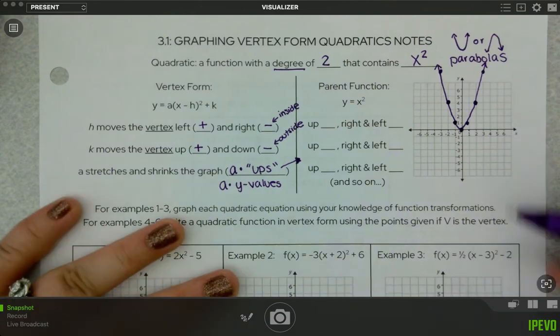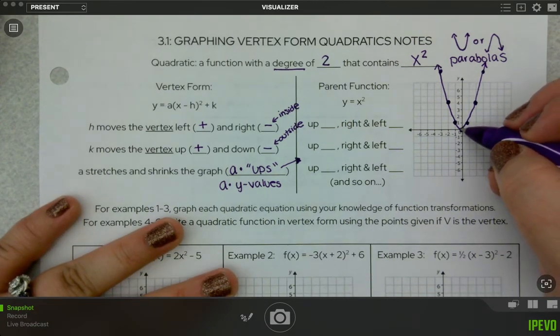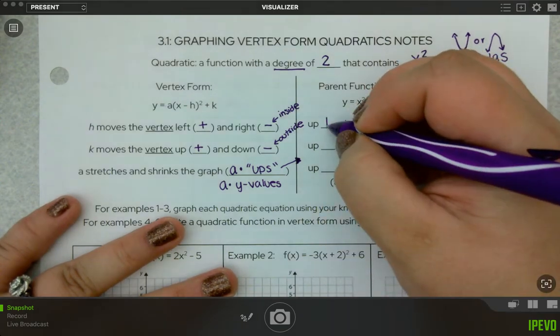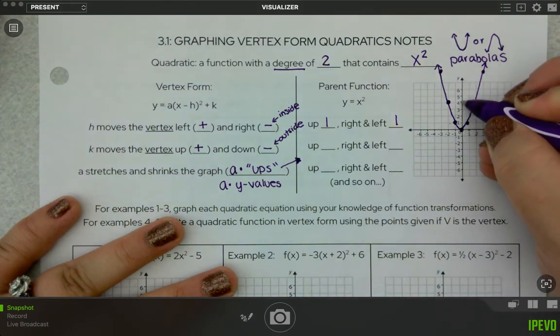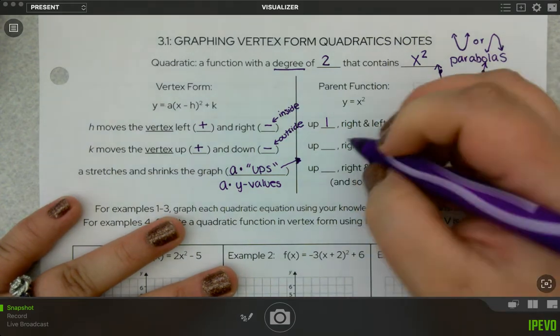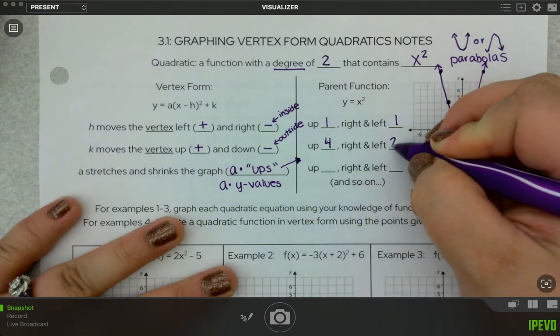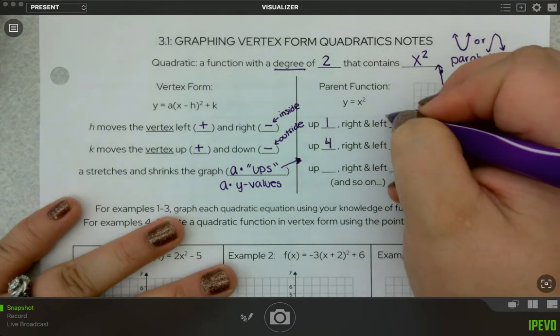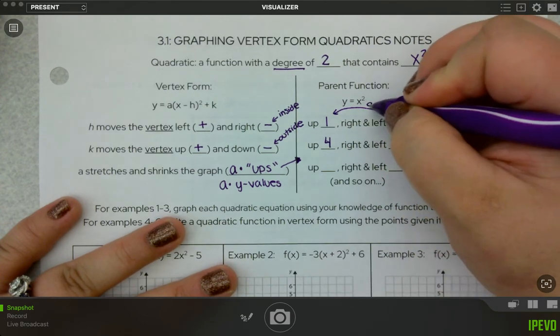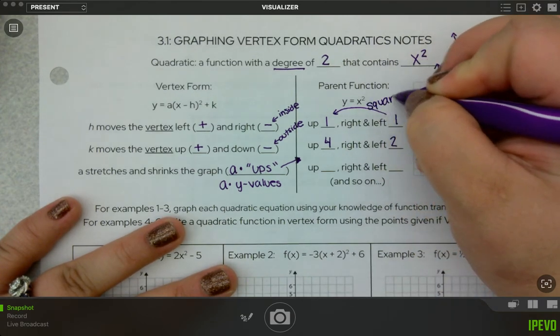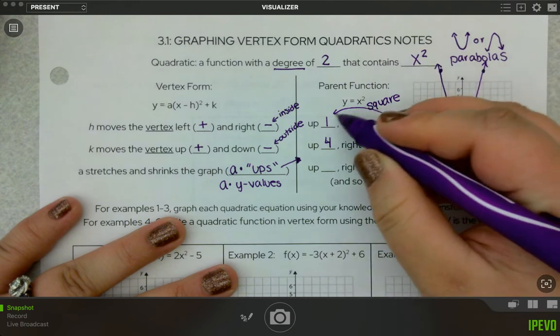The pattern is we're going to start from the vertex in the middle. And we go up 1, left 1, and right 1. Then we're going to go up 4 over 2. Basically, this pattern is that however much you're going left or right, you square this number to get this one.